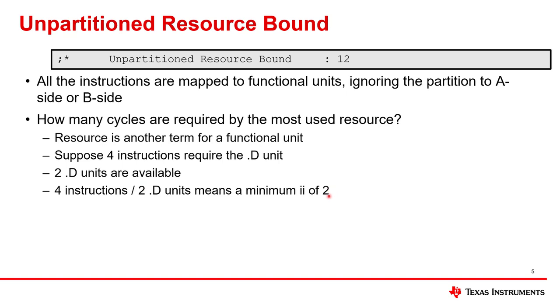You can see how you would repeat this for all the instructions in the loop and eventually come up with a number using a computation very similar to this one, and the largest of those numbers is what appears here. In this particular case, the minimum II that this loop can be is 12 cycles. It's got a lot of instructions in it.